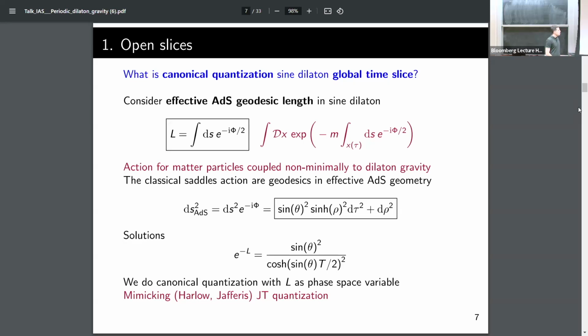But going to this variable has nice consequences, because it actually allows for a quite simple canonical quantization of the theory. In that sense, there may be a way to do this for general dilaton gravities, because as one asked, you can always rescale to AdS, and then some of the confusions you have in a general background about what geodesics are go away.